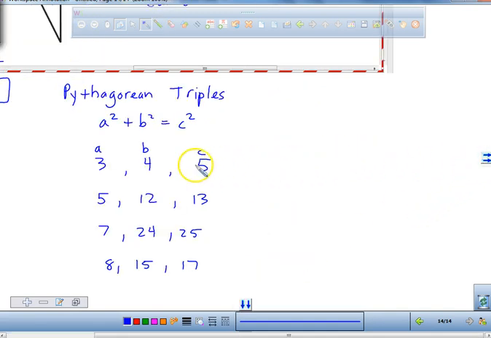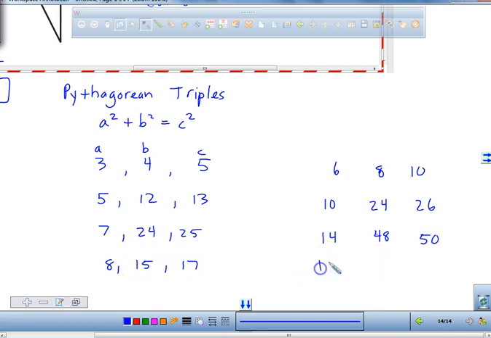Now, most of you probably realize that if you wanted to, you could multiply all these numbers by a common factor. So a lot of times, you may not see the 3, 4, 5, but you might see the 6, 8, 10. What have I simply done? Taken all these numbers and multiplied them by 2. You might not see the 5, 12, 13, but you might see the 10, 24, 26. With this one, you could see a 14, 48, and a 50.